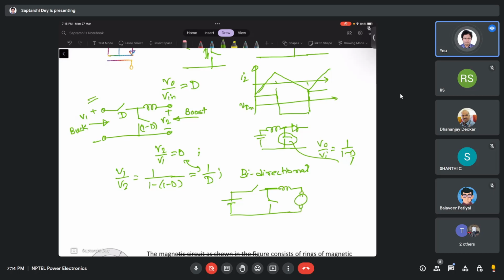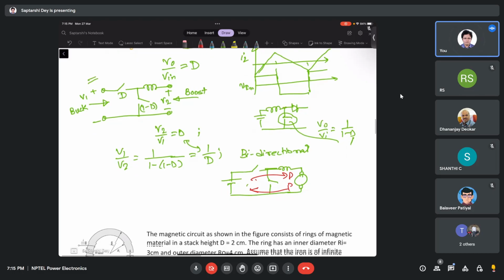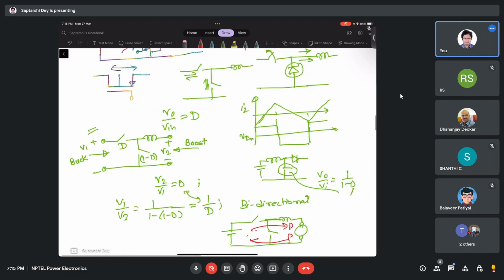So when you are braking the motor, the power can go back to the supply, and when you are in the motoring mode, it will make the power flow from left to right. In generating mode, it will make the power flow the other way around. Another use of synchronous buck: it can allow power in both directions. So that's all. There is some more advantage of this with respect to switching.